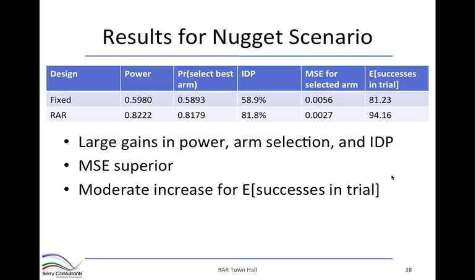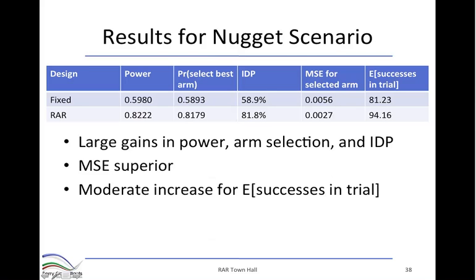The Nugget scenario is more extreme. You can see the power. So remember, the Nugget, nothing works except for arm 4, which gets that 53%. Power is up 23%. Probability of selecting the best arm, given that you actually claim superiority in the trial, you almost always do select the best arm. This ideal design percentage, also very high.